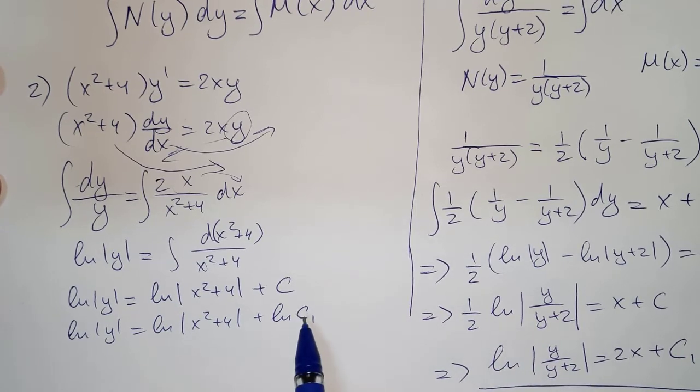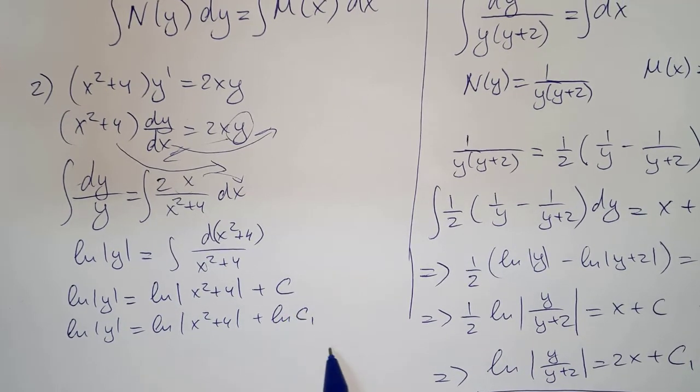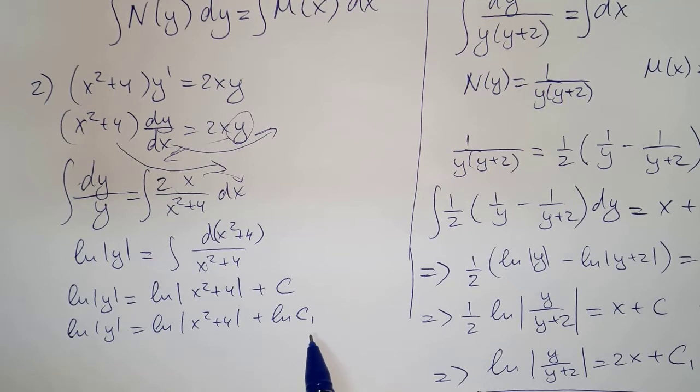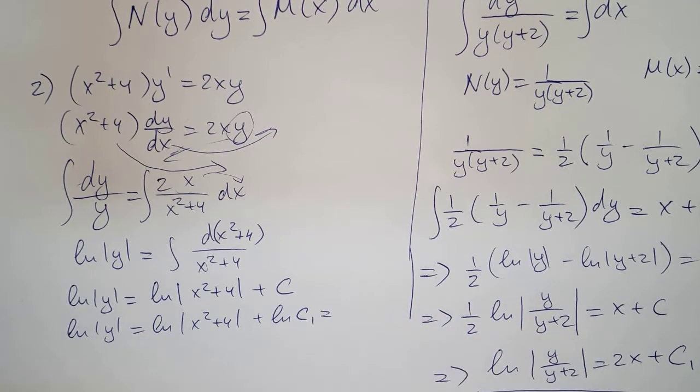It gives us just a constant c. Why do we need this c1?